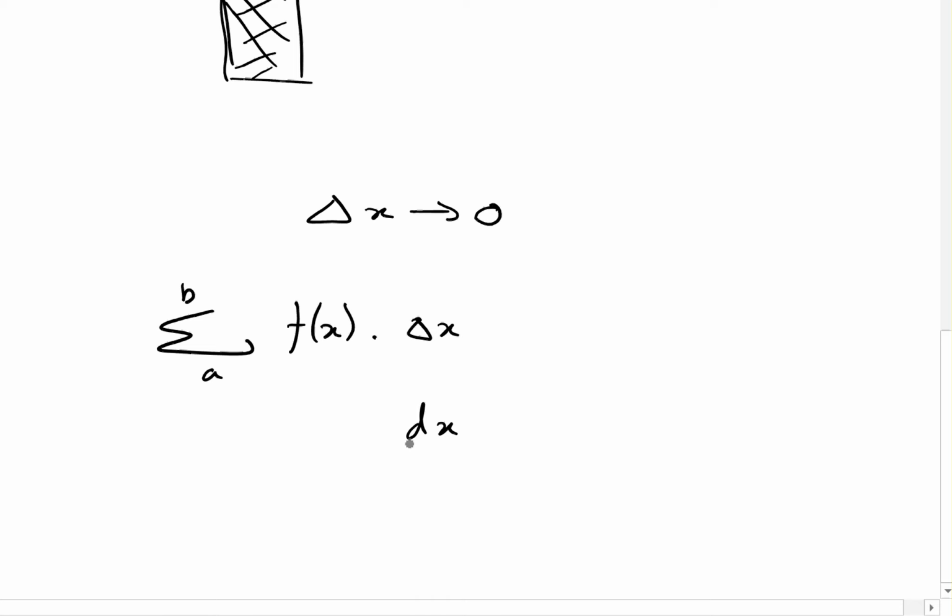Capital delta is a big change. Little delta is a small change, but we're considering a tiny change that's so close to 0, so we show that idea by writing just an ordinary d. It just means change. So this is f of x times dx.